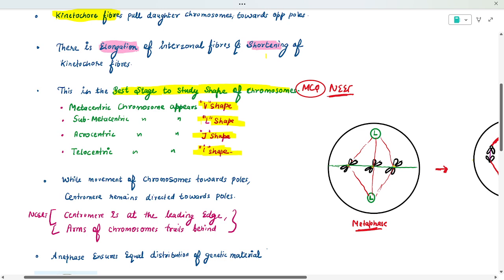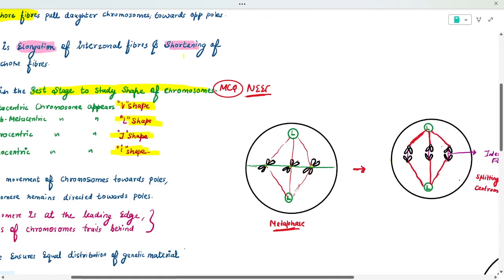We have studied, while movement of chromosomes towards poles, where are the centromeres located? Centromere position is toward the poles, whereas in metaphase, centromere position is towards the equator.